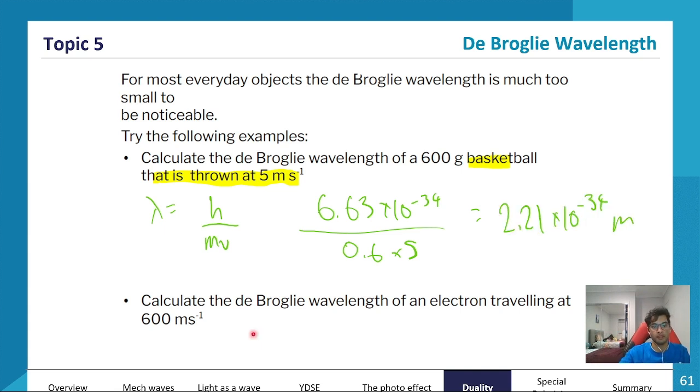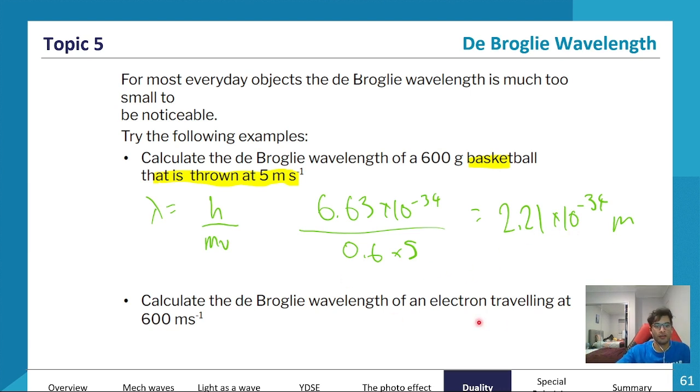So a basketball has a wavelength, and that wavelength is this. The thing is, for everyday objects, this number is just so small that it doesn't matter. You can't make a slit that small to make the basketball diffract. That's just physically impossible. So even though everyday objects have a wavelength, it's so small that it's pretty much irrelevant.